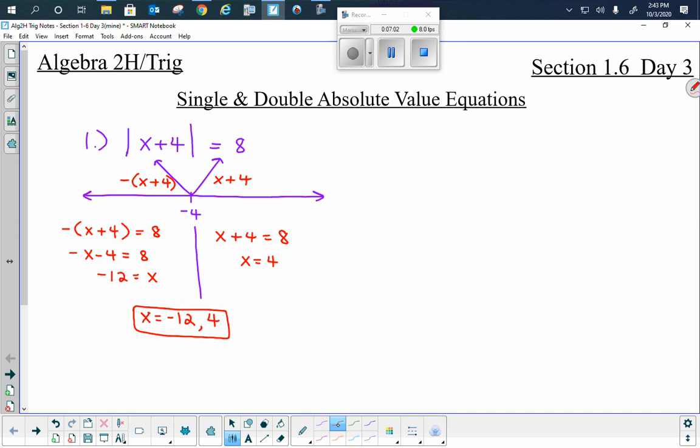So the first thing I'm checking is the -4. So if I plug -4 in, does it give me a true or false statement? So back into the original, if I plug in -4 plus 4, I get 0. The absolute value of 0 is 0. Is 0 equal to 8? No, which means this is not a solution.